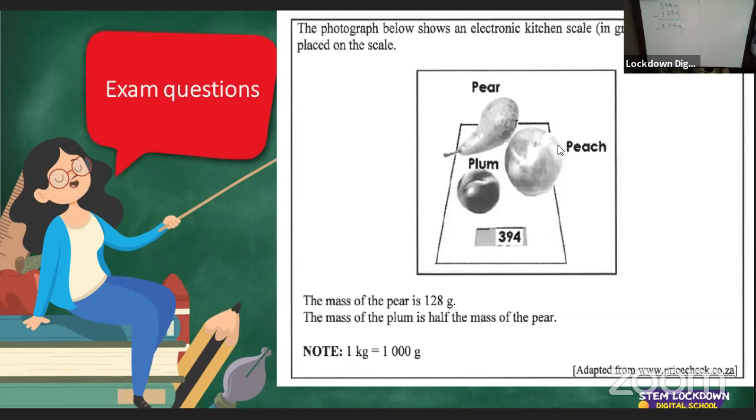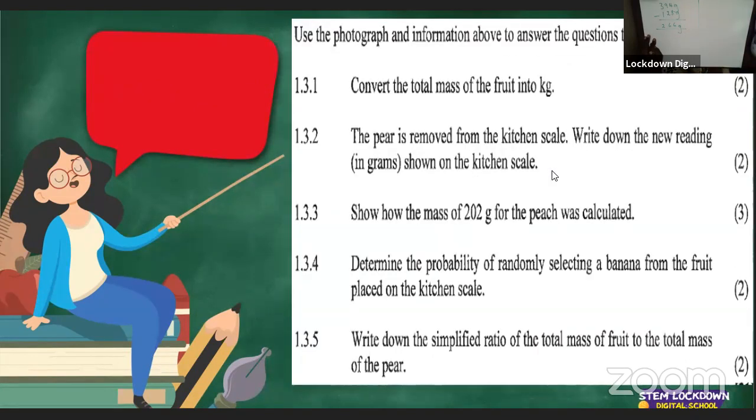That is the mass of the plum and the peach. So this one was a simple question, guys, just a matter of subtraction there. Okay, let's move on to question 3.3.